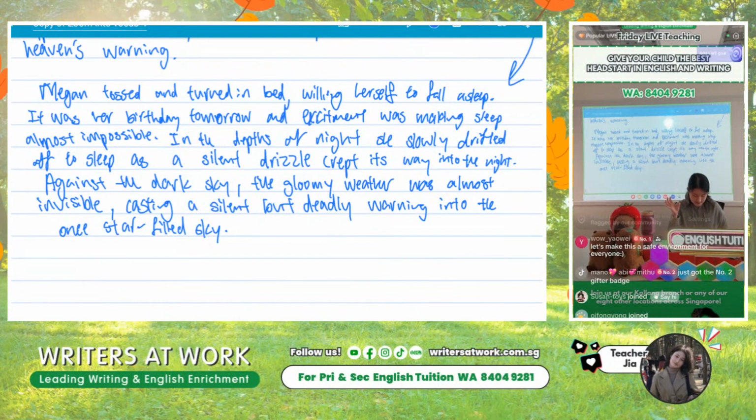Okay, casting a silent but deadly warning into the once star-filled sky. Okay, so we are mirroring Megan's excitement with the star-filled sky. So that's the only part that we can see her excitement being mirrored. We don't see it because everywhere else in this paragraph, everything is dark, everything is gloomy. So there's that similarity.